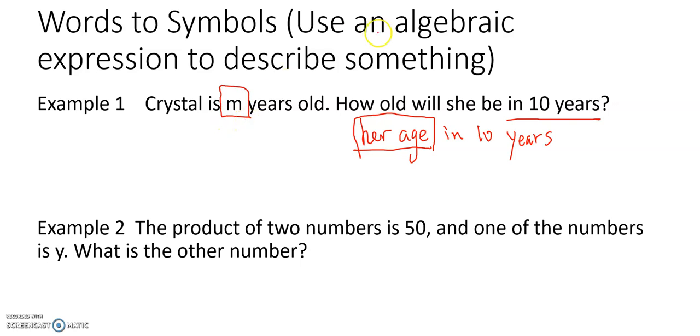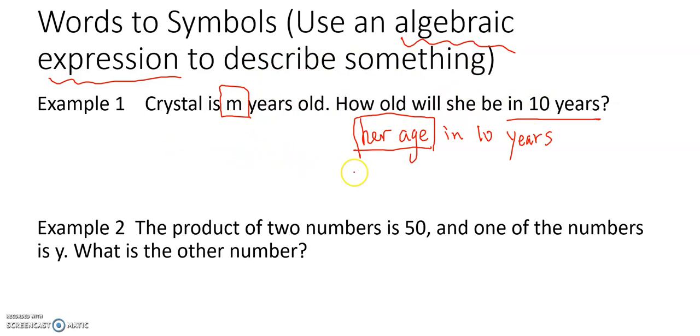So the answer will be an algebraic expression, which includes m in there. So it's sort of like a formula. What we need to do is to give somebody a formula. If somebody asks you, like a little kid, who doesn't know how to find their age in 10 years, so they ask you how old they will be in 10 years, you can explain in this way. Say, okay, what you need to do is add 10 to your current age.